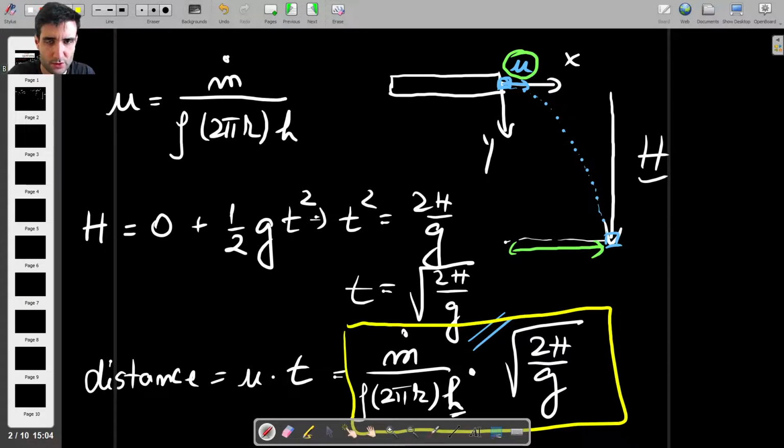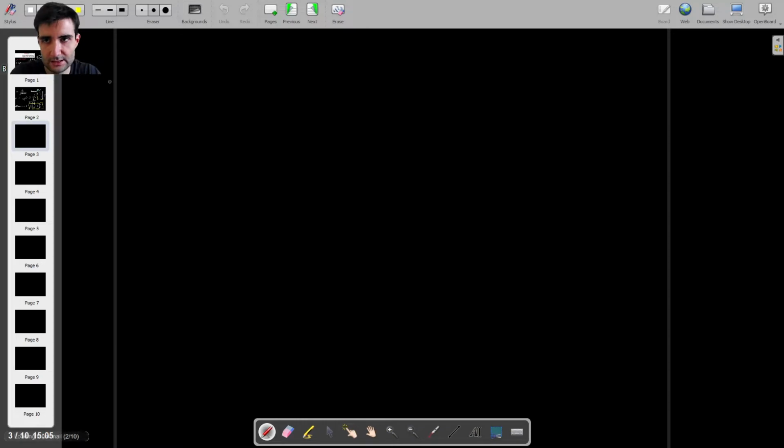Now we have to do one more thing, because this gives us this horizontal distance, but we're trying to find the radius of the water dome. So for that, we also have to include small r. Okay, so small r plus that gives us the radius of the water dome.